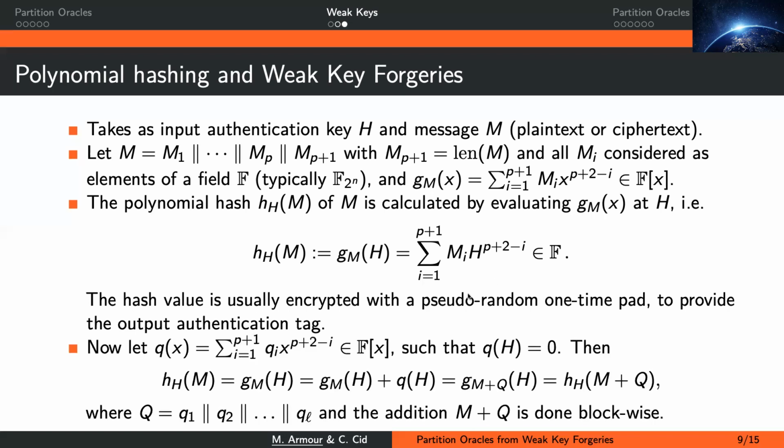Okay, so let Q of X be a polynomial such that the polynomial evaluated at H gives 0.